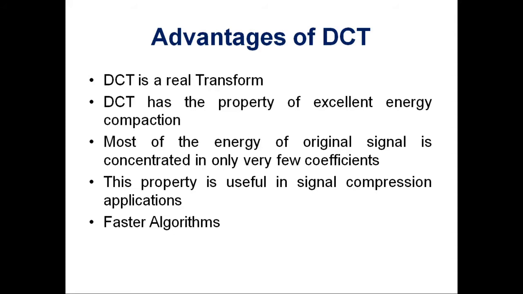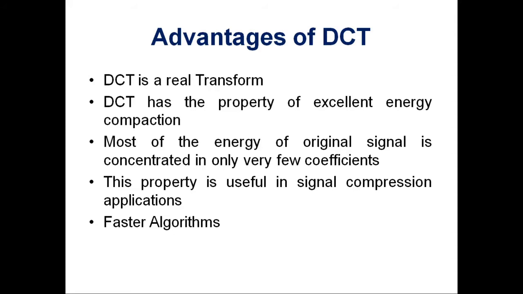Very few coefficients are enough for me, because very few coefficients near the origin contain much of the signal energy. Almost 99.9% of the signal energy will be preserved in very few coefficients which are located very near to 0. That is why most of the energy of the original signal is concentrated in only very few coefficients.